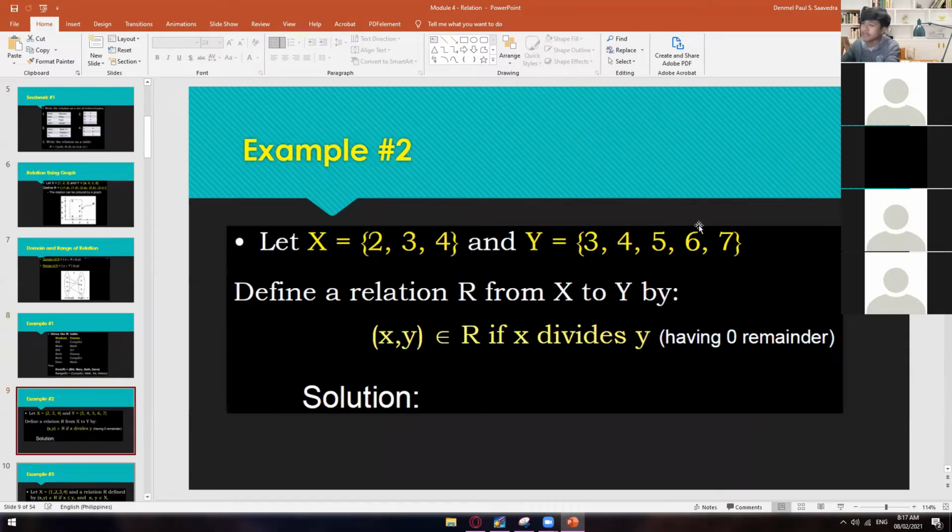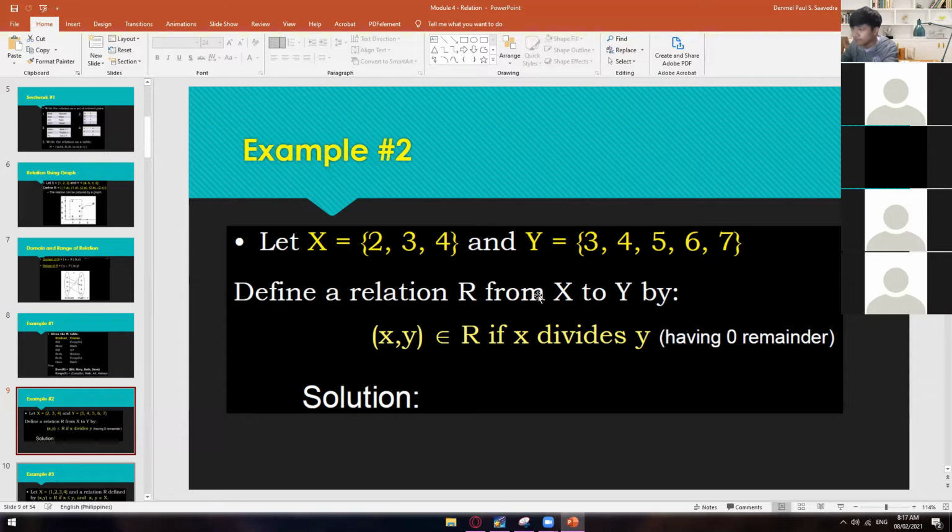We have set x and set y. Set x contains the elements 2, 3, 4, and set y contains the elements 3, 4, 5, 6, 7. We have here a question and its condition. Define a relation R from x to y. This is a very important keyword that you need to check every time.